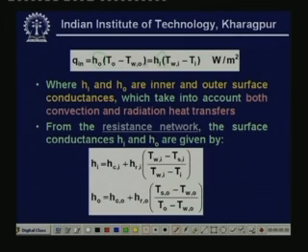And T_o and T_i are the outer and inner dry bulb temperatures, and T_wo and T_wi are the temperatures of the outer surface of the wall and inner surface of the wall respectively. And from the resistance network, the surface conductances h_i and h_o are given by, let me show the resistance network here.